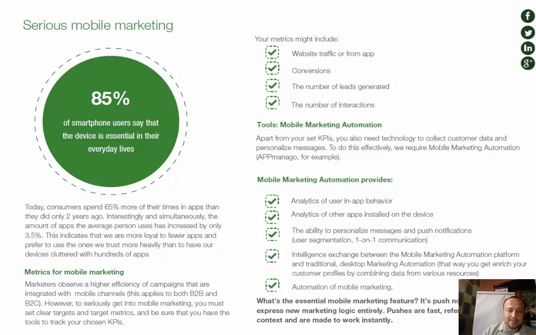AppManago is an example, but we can use many other apps from the usual marketing automation tools available in the market.